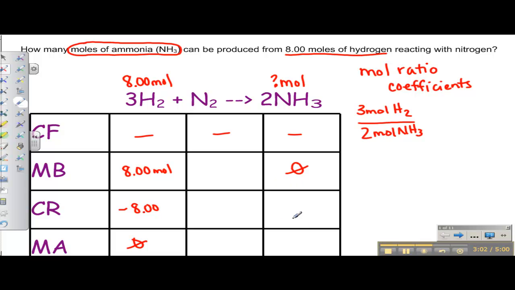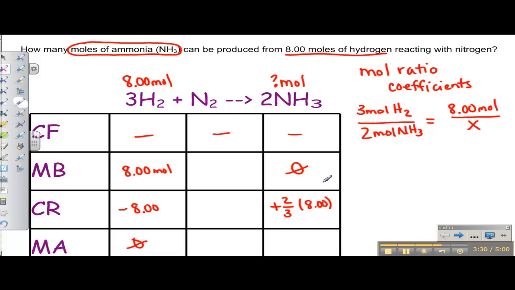Now I've got to figure out how many moles of ammonia I'm going to produce. So if 3 moles of hydrogen produce 2 moles of ammonia, then if I have 8 moles of hydrogen, that would produce X moles of ammonia. When I do my cross multiplication, you're going to notice that I end up with 2/3 times 8.